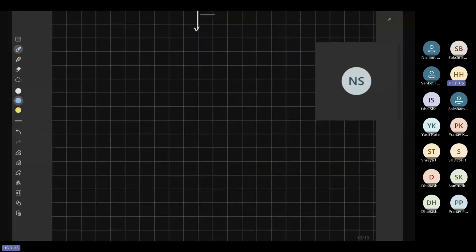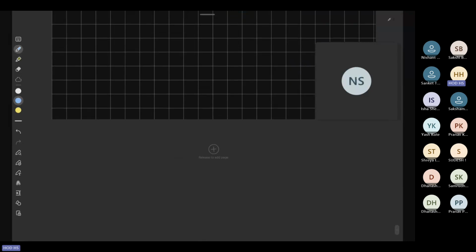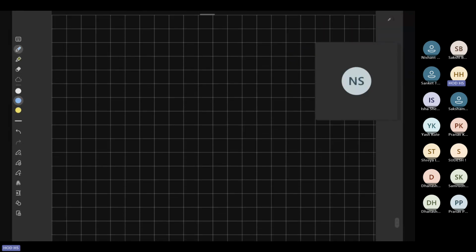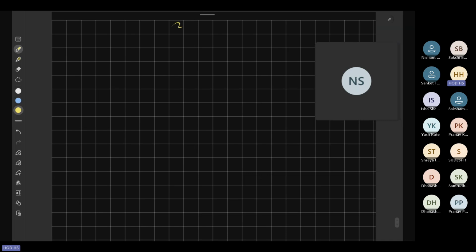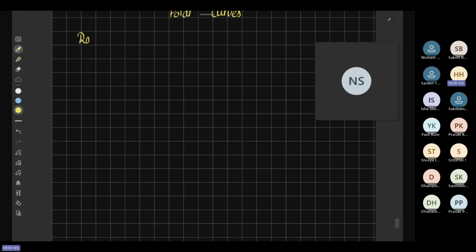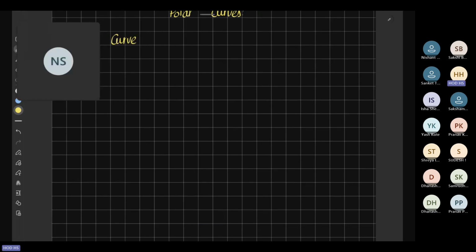One more thing, we will just quickly recap or quickly go through all the curves which are polar curves. Some polar curves that we need to remember, like the above that we have discussed, and cardioids.